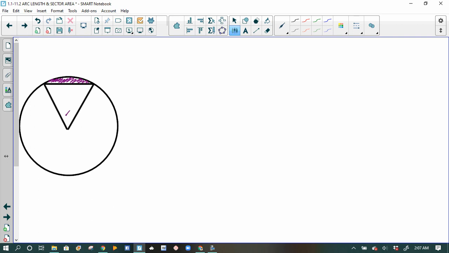So let's say this is 50 degrees, and let's say this is 8. So the first thing you're going to have to do is find the area of the whole slice of pizza. So the whole slice of pizza is pi 8 squared. So cross multiply.